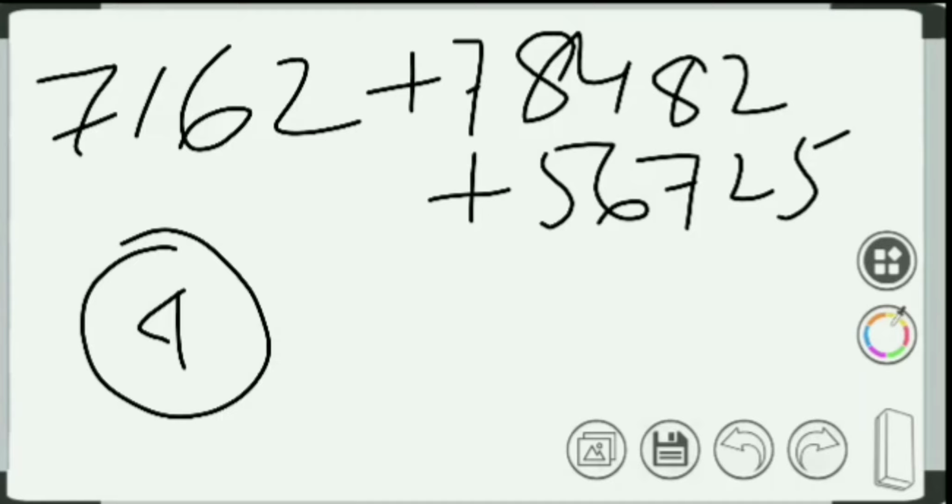What is the question? The question is, what will be the remainder when this sum is divided by 4?